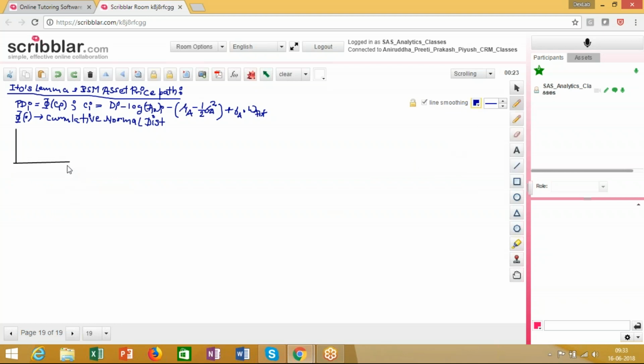Over here what we have is x, the variable, and over here the probability of x. And we'll just plot this distribution. So this is a very symmetric distribution, and this symmetric distribution is known as the normal distribution.